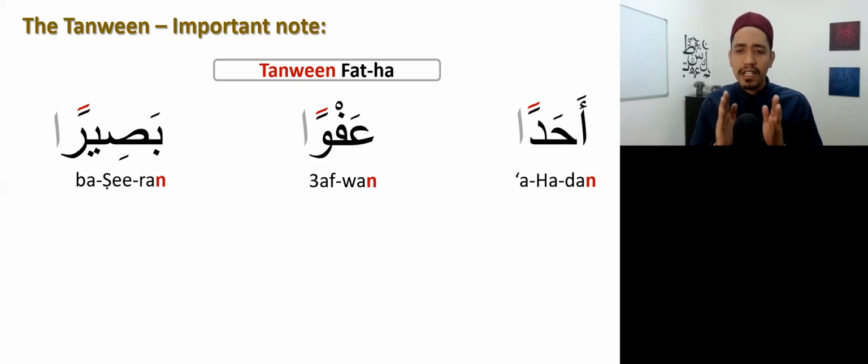Now, this extra alif does have a function in a very specific situation that we don't have to know about now. All you have to know is that when you see it, it's a silent alif, it has no function, it's not a mad. So you're not going to say ahada or anything like that when you're reading in a sentence. You're going to ignore it. It will come in handy when we learn how to stop. But generally, that alif is just there.